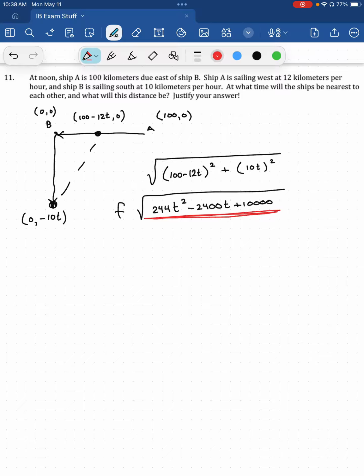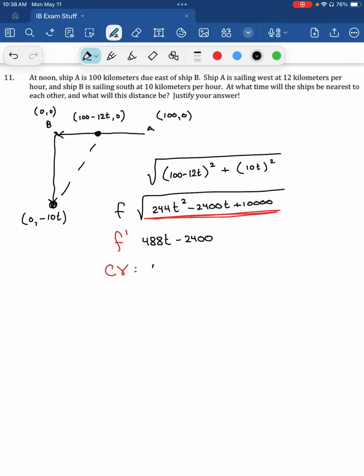So my derivative is going to be 488t minus 2400. A much easier derivative than it looked like that might have been. Now, what we want to know is critical values. So where does that equal 0 or undefined?